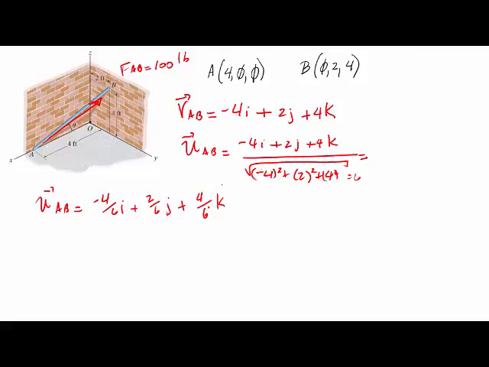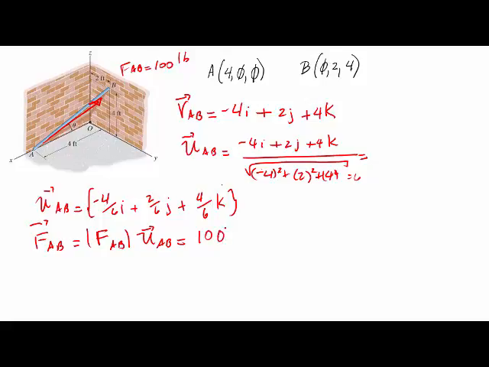Okay, so now the force vector AB would be what? The magnitude of the vector multiplied times the unit vector in the direction AB, right? So what I have here is 100, and of course this here does not have units, but the force vector will have units.